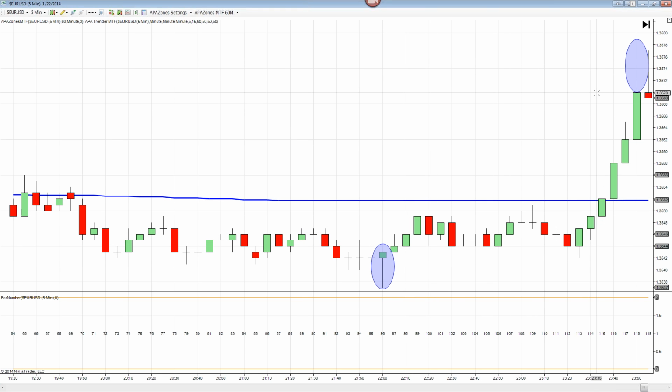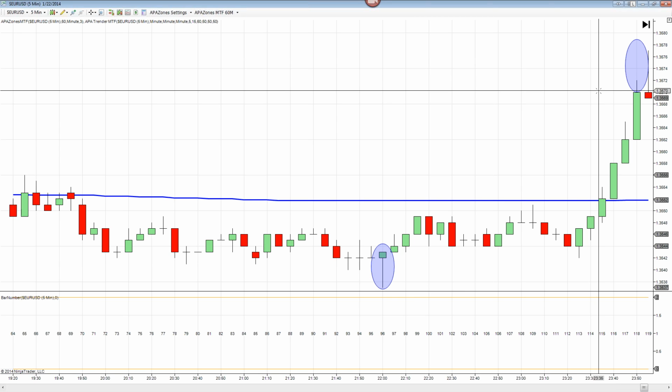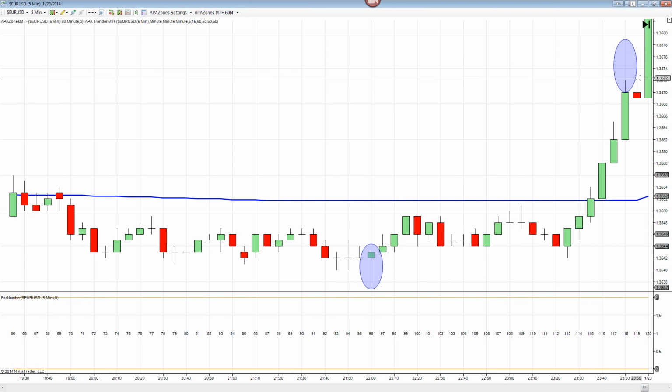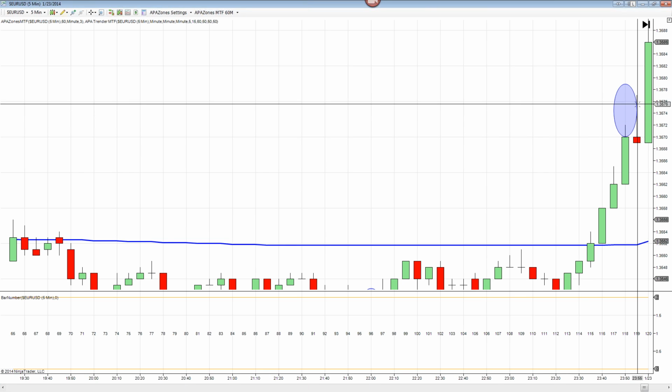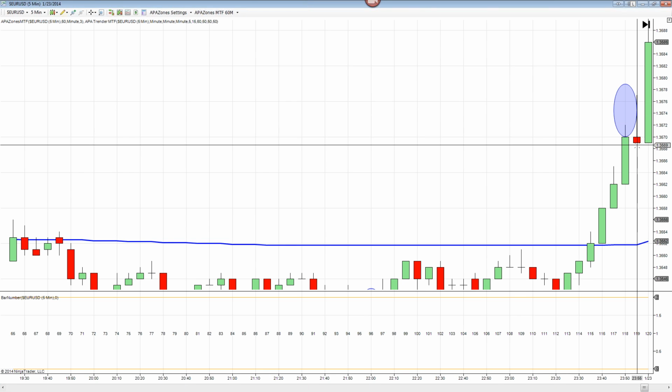We're going to get into all of this in the APA price action school in depth. But wicks do tell us quite a bit. A lot of times when we're looking at a wick touching a zone, that could be the first signs of resistance. Now, what you have to watch out for on a hammer candle or a shooting star candle like this is we're really looking for price to go below the low of that bar.